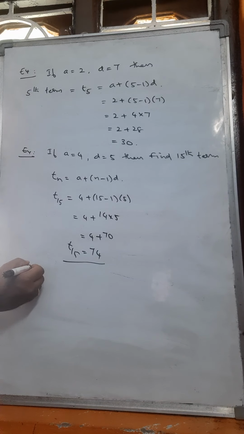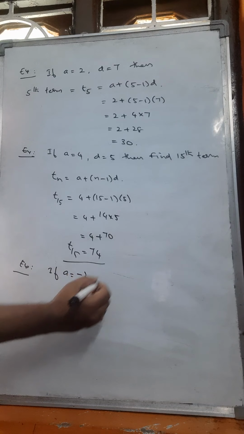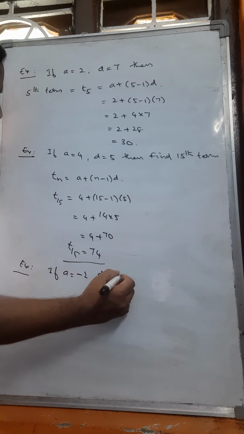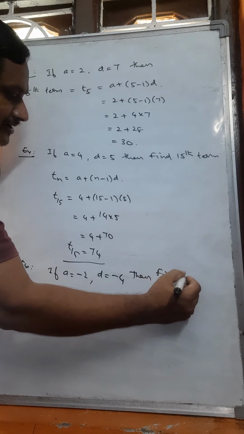Next, let me see another example. If A is equal to minus 2, D is equal to minus 4, then find the 10th term.